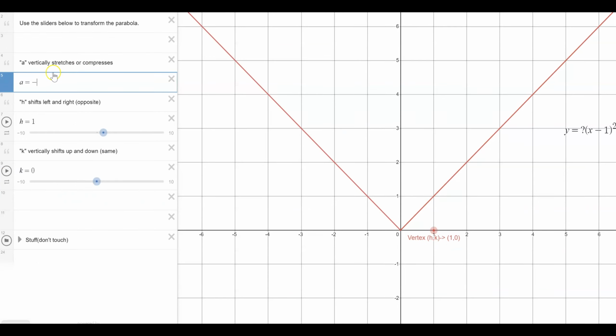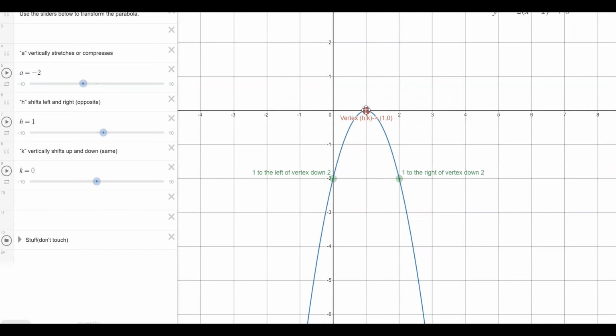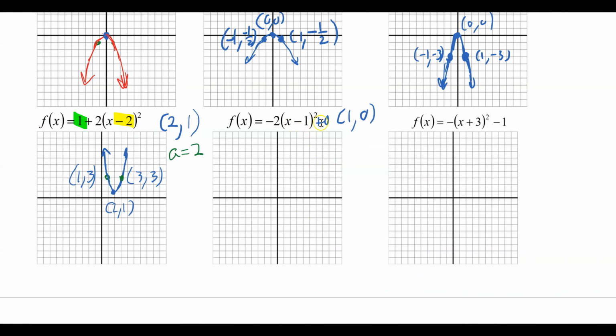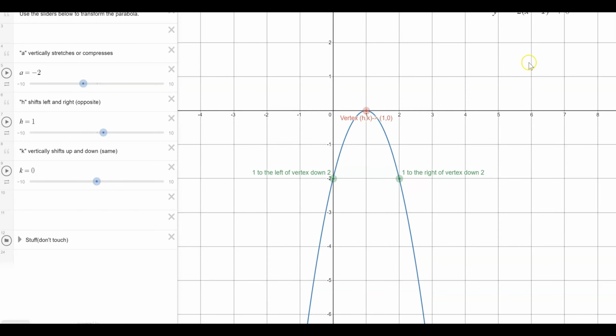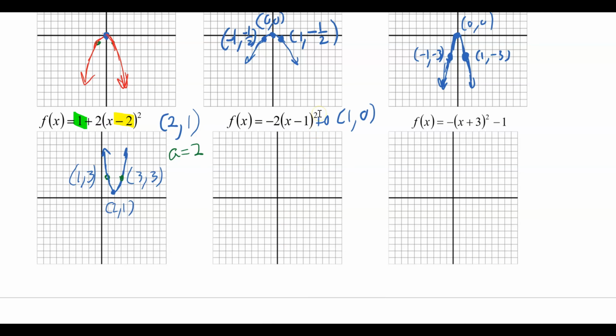That's my graph. So we're starting at 1, 0. See? And there's our graph. Negative 2 times x minus 1 squared plus 0. So 1, 0, put a dot, and then it's down 2 over 1, down 2 over 1. And we graph. So lots of examples.